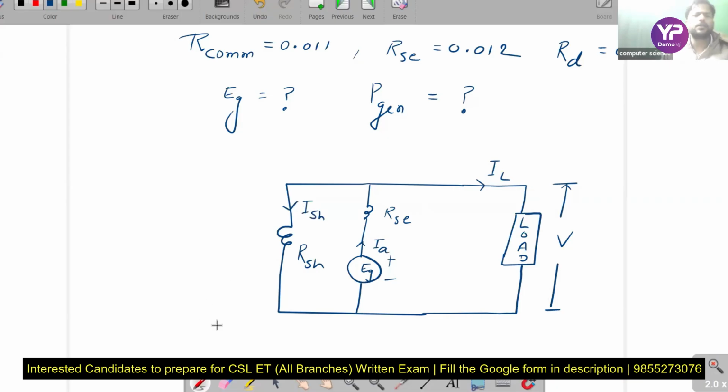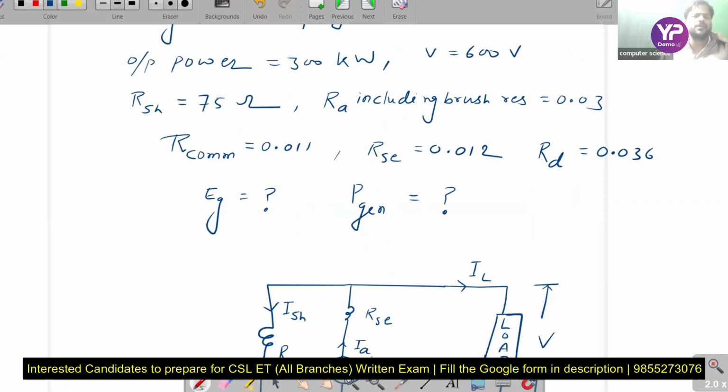This is the electric circuit of a long shunt compound generator in general, but here some additional resistances are mentioned.